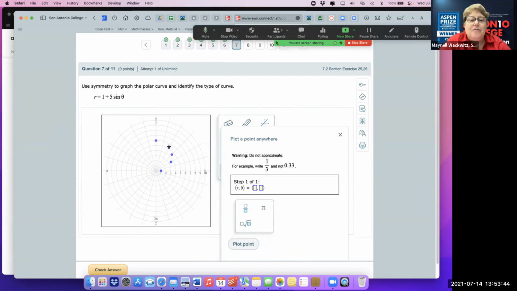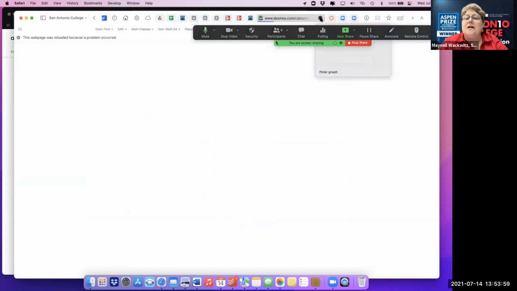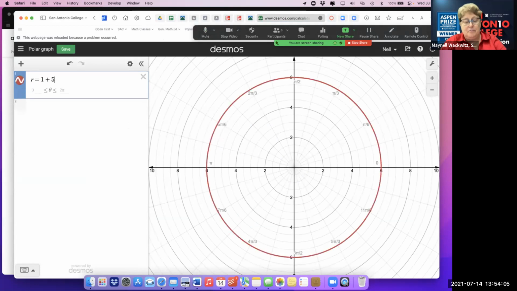Oh, 1, 2, 3, 4. I thought this was our 6th point. Let's do pi. What is the sine of pi? So we're going to get 1 again. Plot point, and close this. And we know that the whole thing looks like r equals 1 plus 5 sine theta.